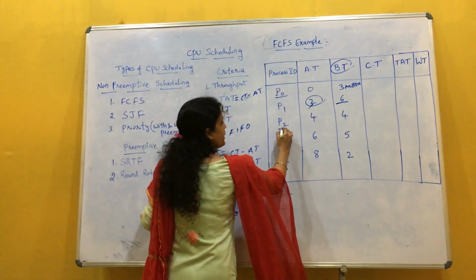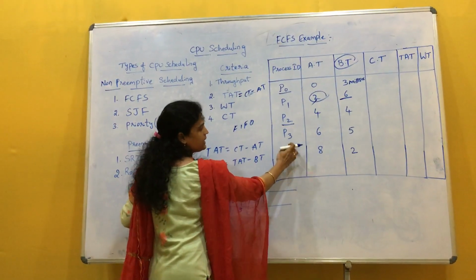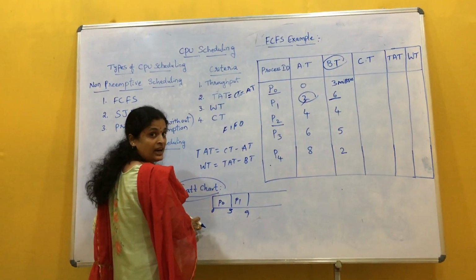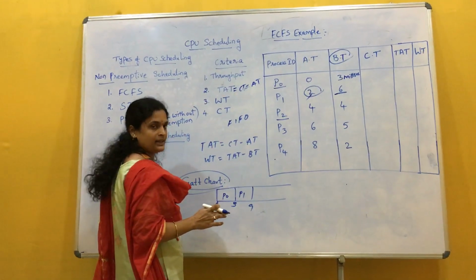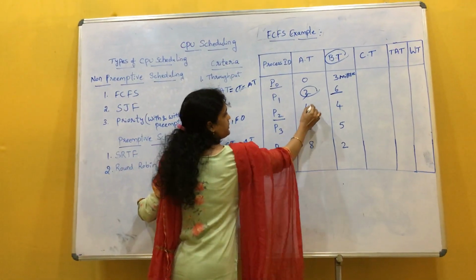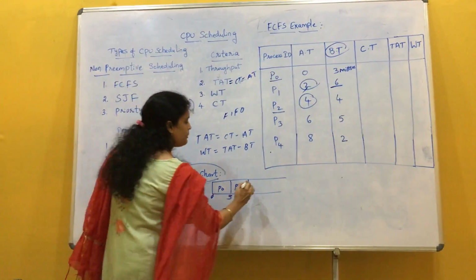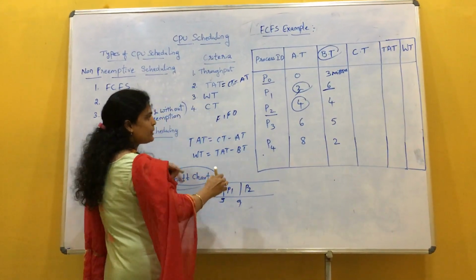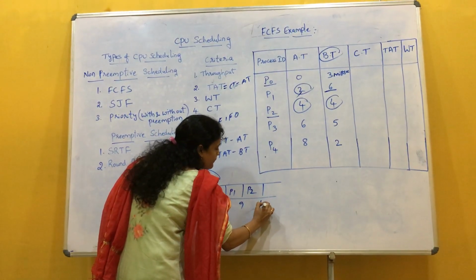Now at 9 seconds, P2, P3, and P4 have arrived in the ready queue. Among these 3 processes, P2 has the least arrival time, so P2 will execute. It takes 4 milliseconds. 9 plus 4, 13.